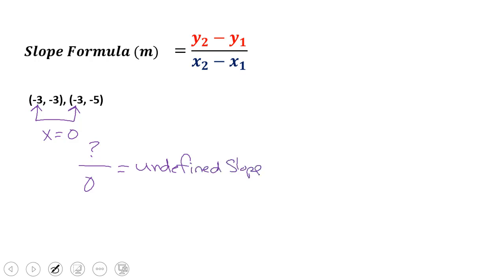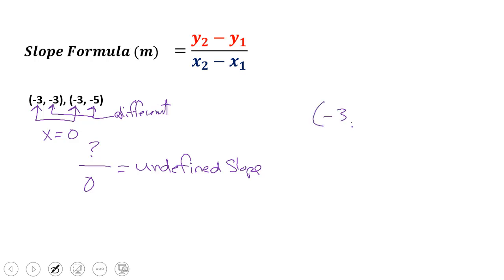Okay? Because you cannot divide by 0. I guess the only thing that would make that something else is if these two were the same, but then you'd be at the same point, and well, we have no clue what the slope is through a line with the same point. All right? So these are different. The y's are different in this one. And of course, we can prove it real quick.